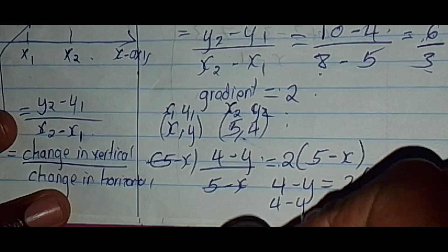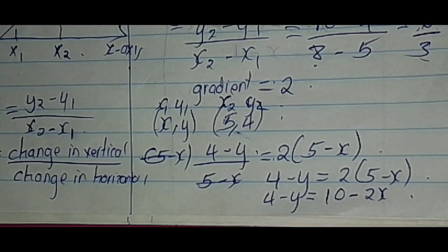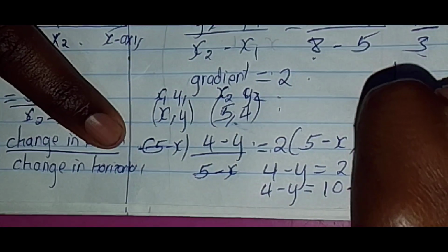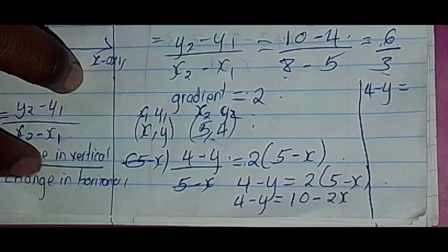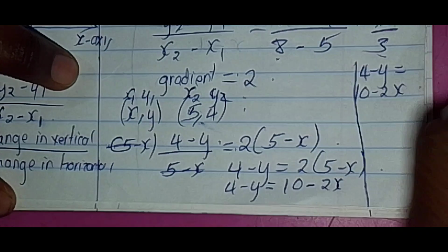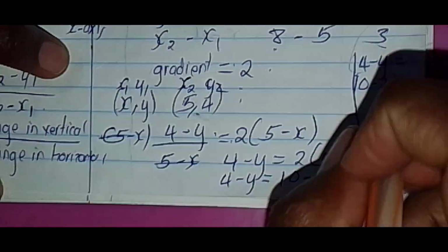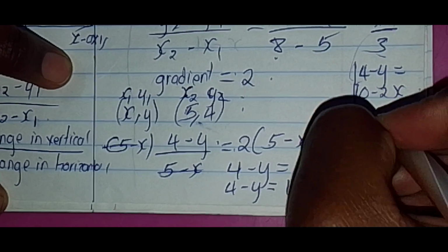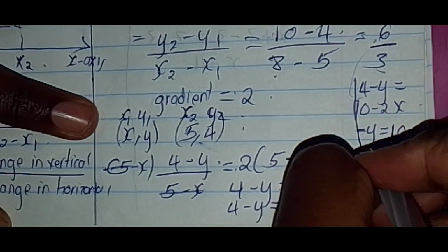So 4 minus y equals 10 minus 2x. Let's bring this 4 to the other side. So it will be negative y equals 10 minus 4 minus 2x.